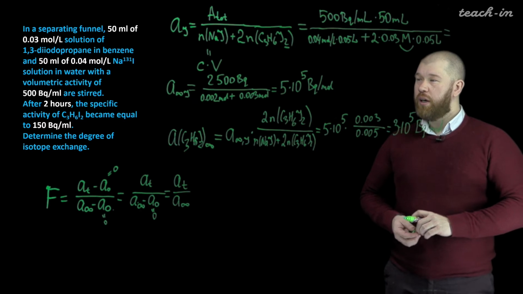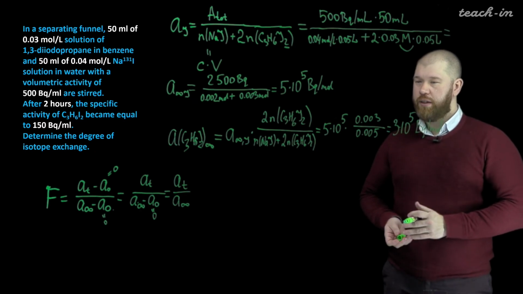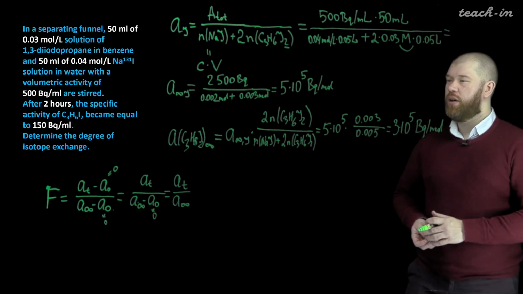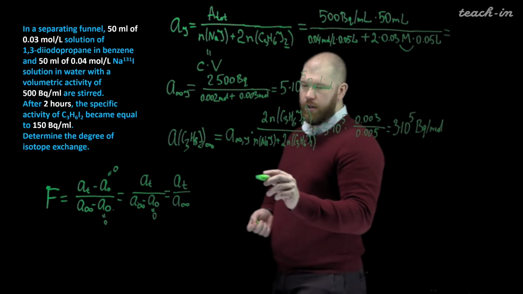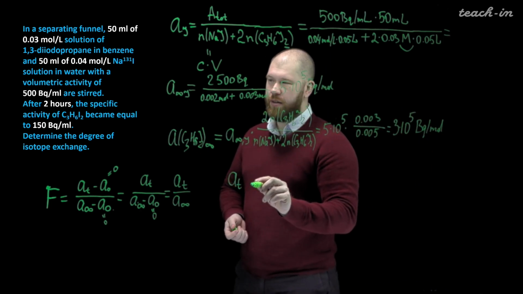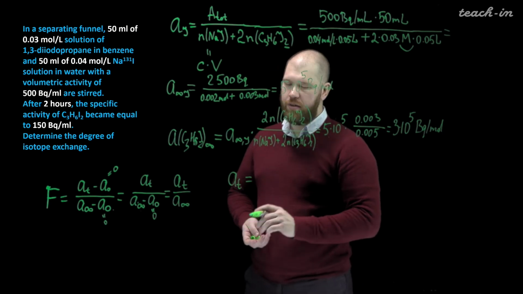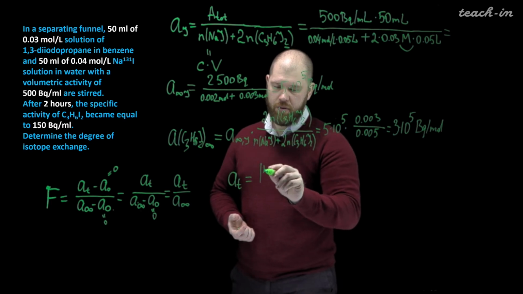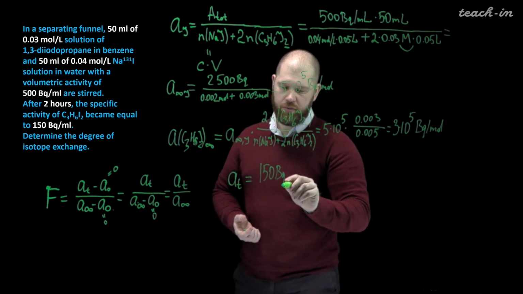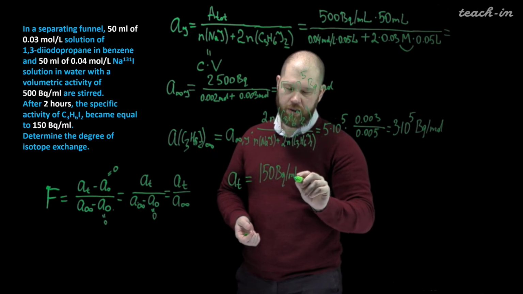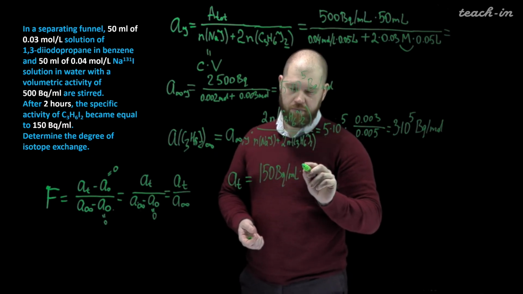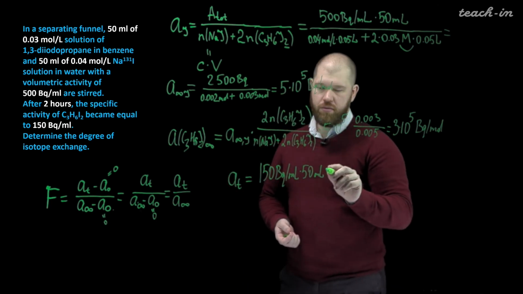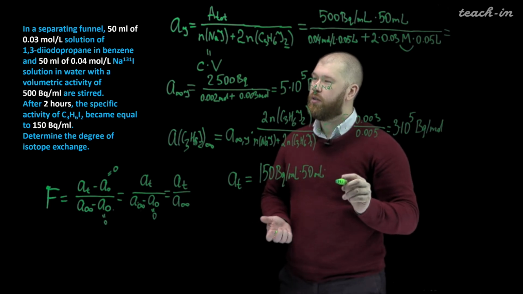So now we know the specific activity of our compound after 2 hours. And at a certain time, this specific activity will be 150 becquerel per milliliter, multiplied by 50 milliliters, and multiplied by the concentration.